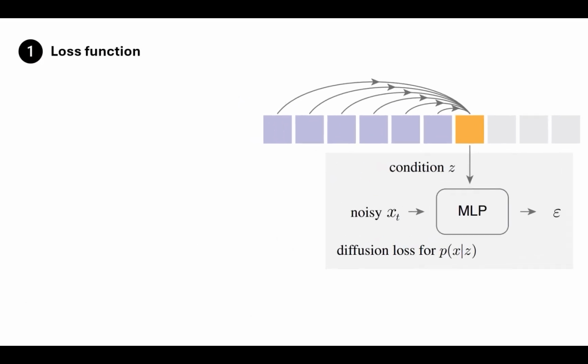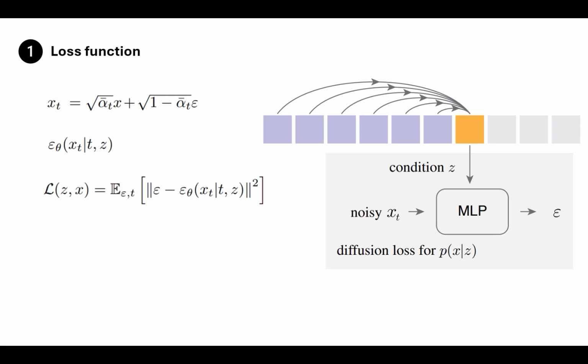The first one was the loss function, right? And for this loss function, you can check out the video I already made explaining how diffusion models work. And as a quick reminder, we can create xt by starting from our patch image x, and then we can define a neural network epsilon theta, that is our MLP in this example, which receives the condition z and time step t, which should specify how noisy the xt is, and generates a pure noise epsilon with zero mean and unit variance that we sampled from a Gaussian distribution.